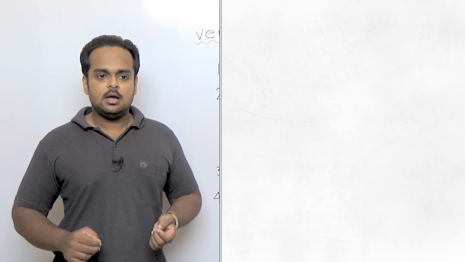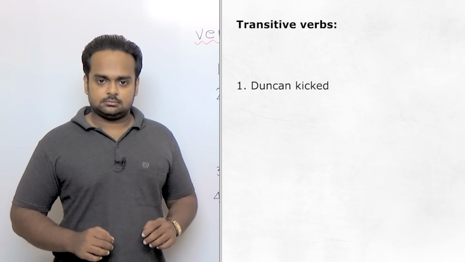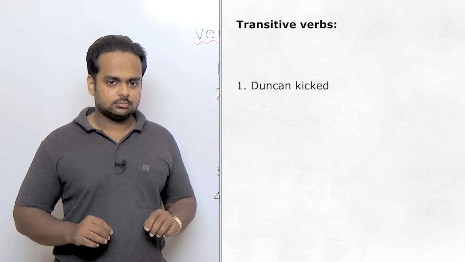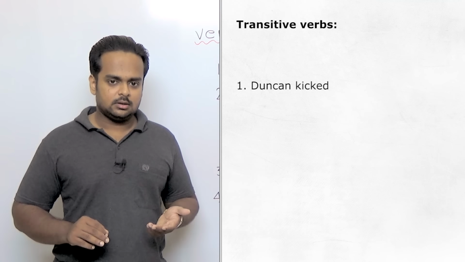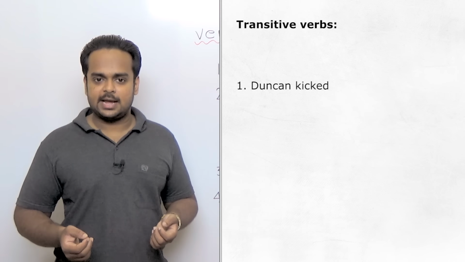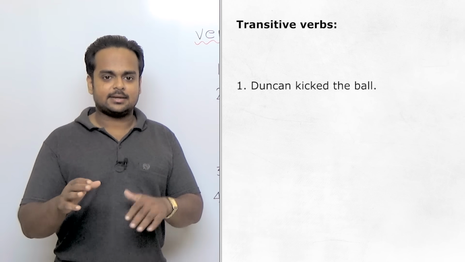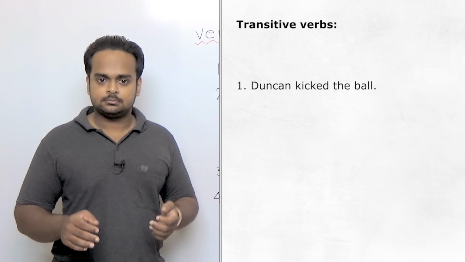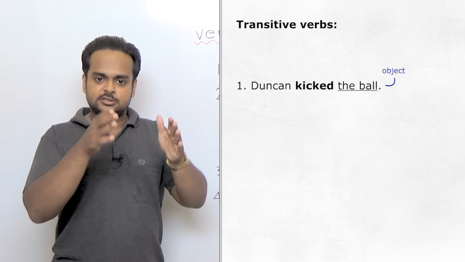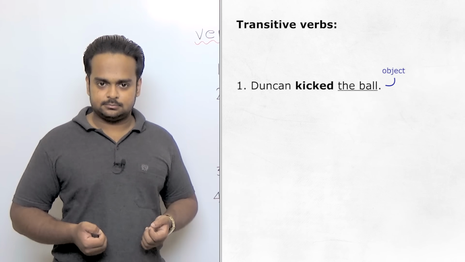Now, if I said, Duncan kicked, does that sound a little wrong? Because you might ask me, Duncan kicked what? And I would have to say something like, oh, sorry, Duncan kicked the ball, for example. The ball is the object of the verb kick because the ball receives the kick.